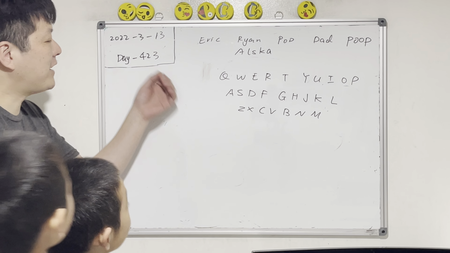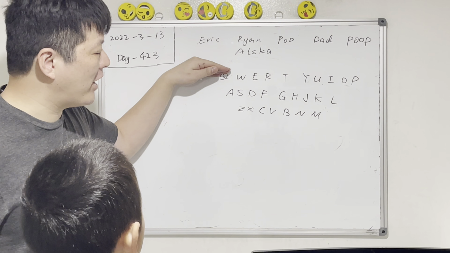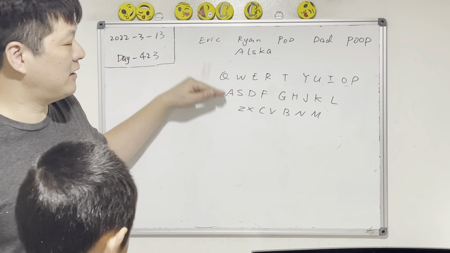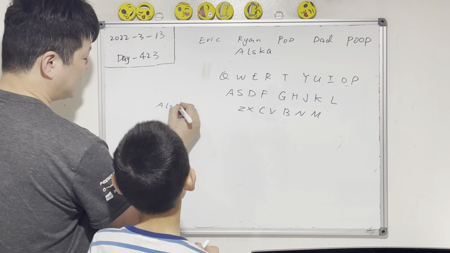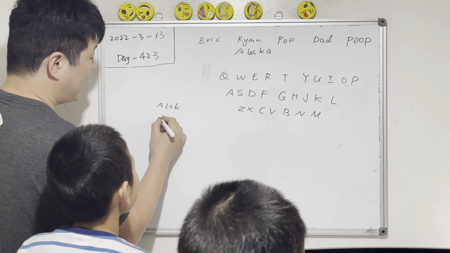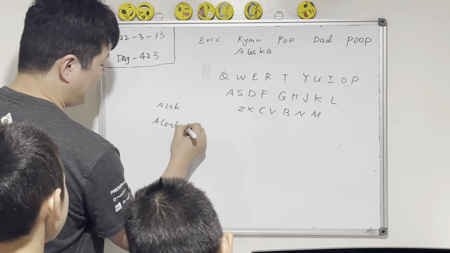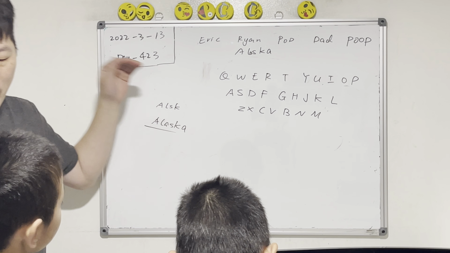So we're given a list of words, and we want to find out which words can be typed using only one row of keys. A-L-A-S-K-A. Okay? So how many of these can be typed using only one row of keys?